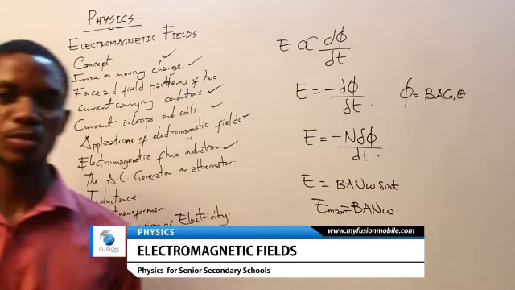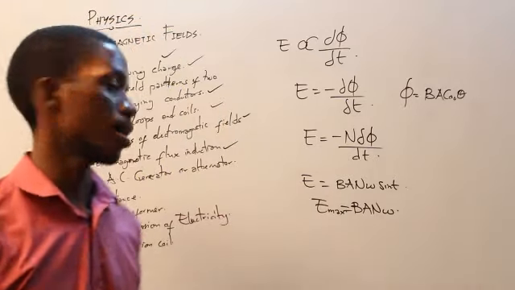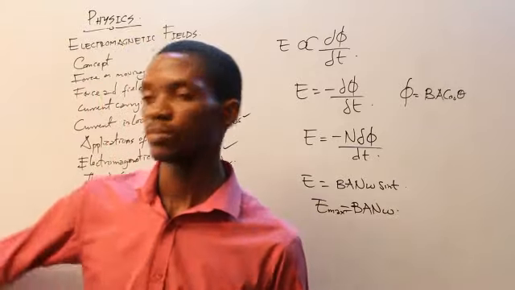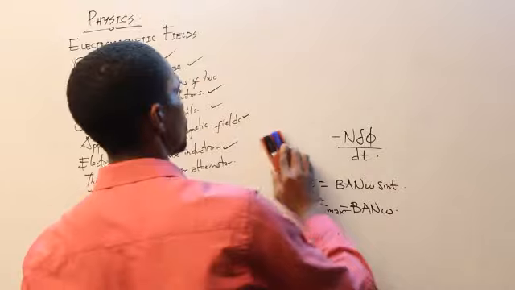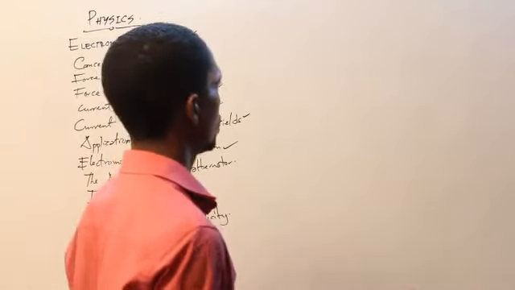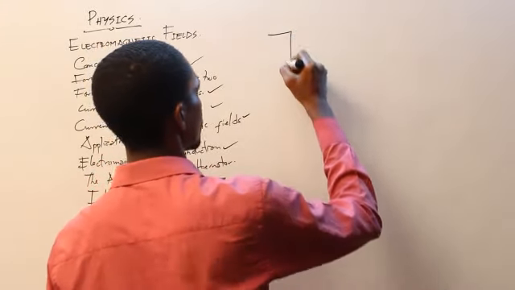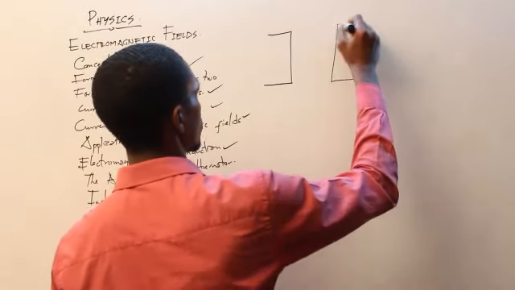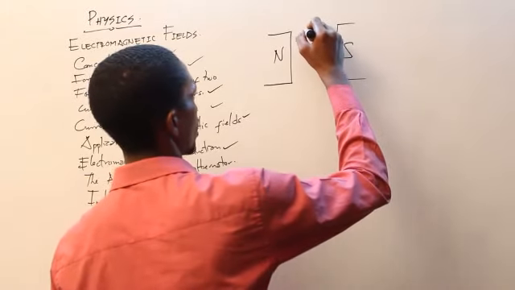So let's try to explain how we generate electricity from our magnetic fields, inside our alternators. What really happens? Well, in the generator we have two bar magnets, one is the north, one is the south, and in between them we have the armature.